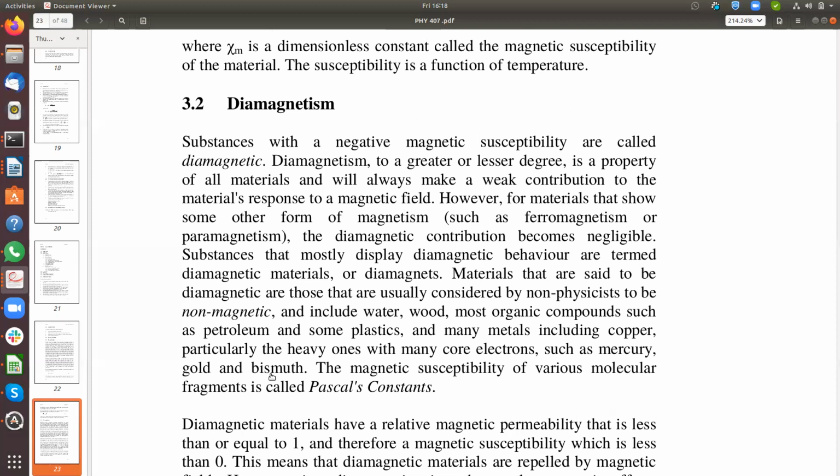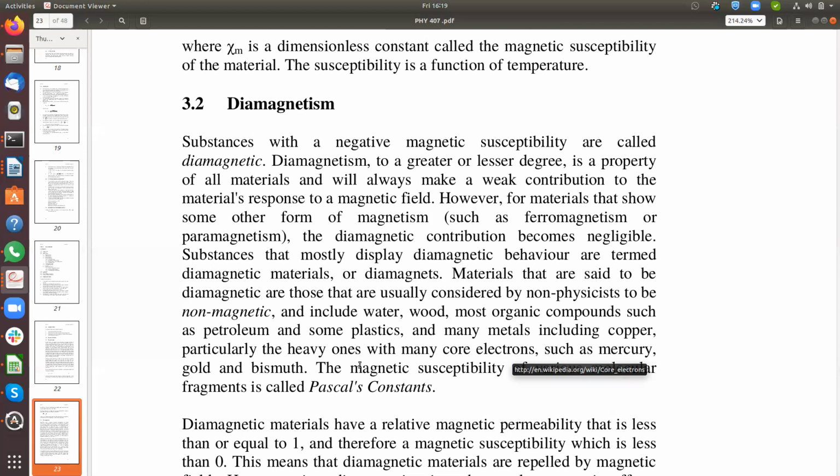Examples include water, wood, and most organic compounds such as petroleum, some plastics, and many metals, including copper, particularly the heavy ones with many core electrons, such as mercury, gold, and bismuth. The reason why we say most of these heavy elements have many core electrons: when you talk of interactions in a molecule or a solid, out of the three particles of the atom, the electron, the proton, and the neutron, the one that participates in interactions is the electron.